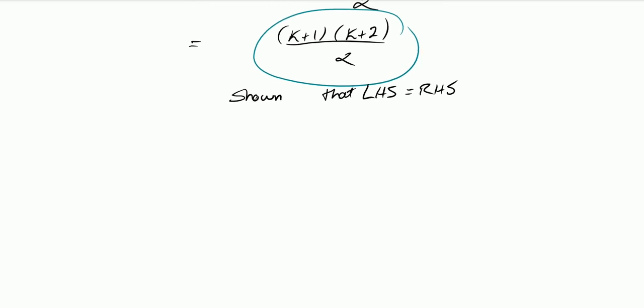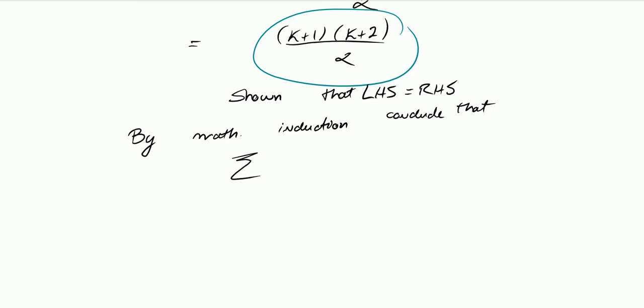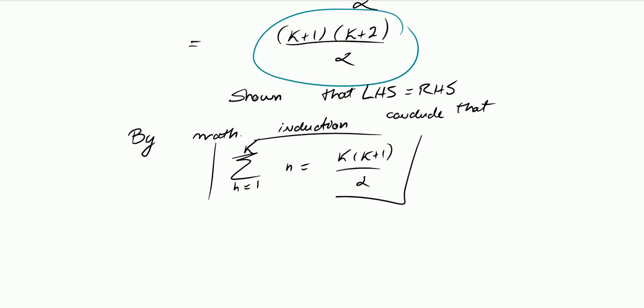What I can conclude now is that, by mathematical induction, the sum from n equals 1 to k of n is equal to k times k plus 1 over 2. And that's basically the whole idea of mathematical induction.